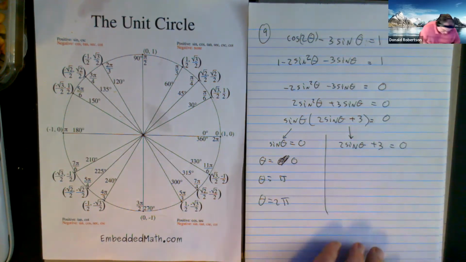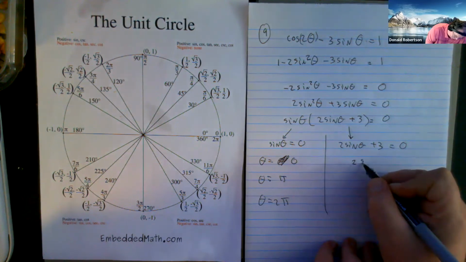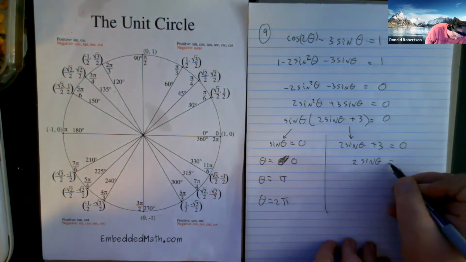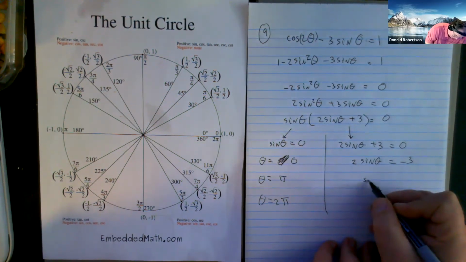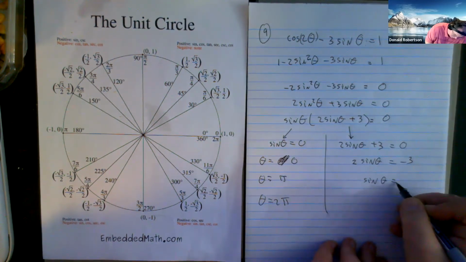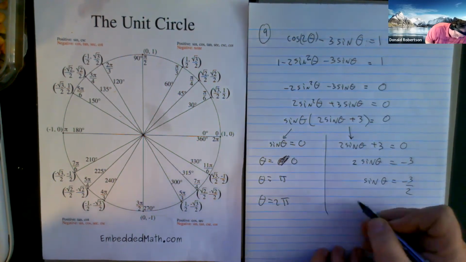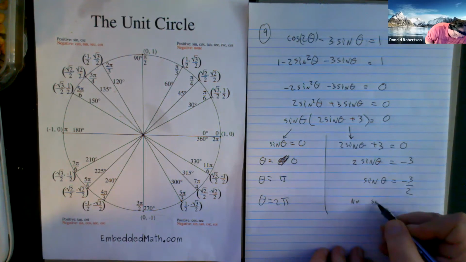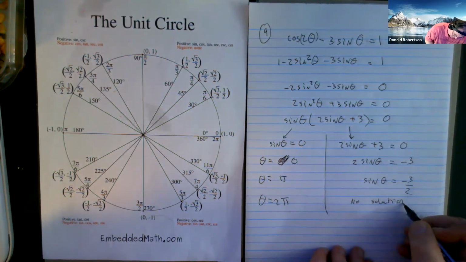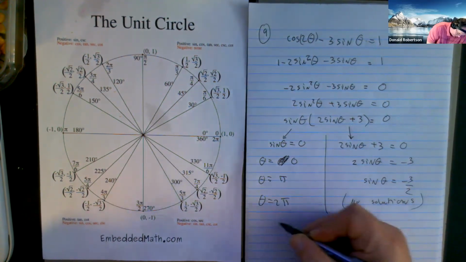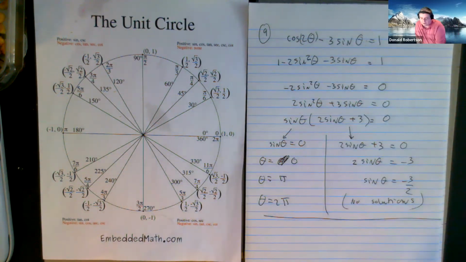Now this fella, if you subtract 3 from both sides, and then you divide by 2, you get that. But this one, I'm going to say, generates no solutions.